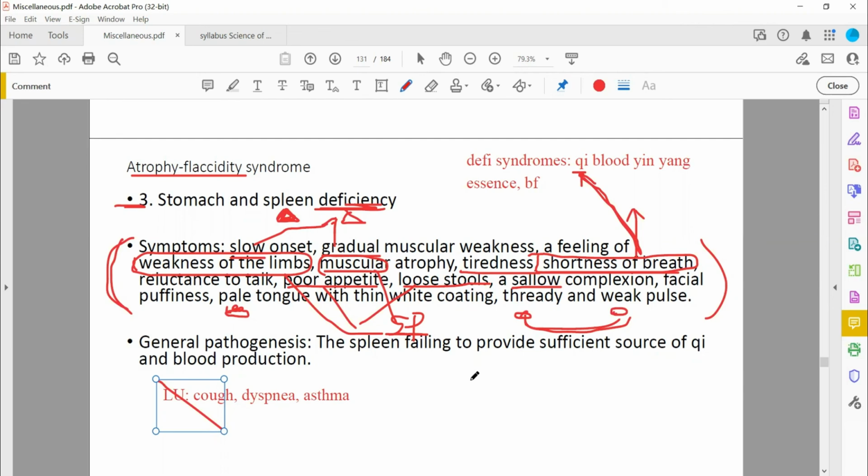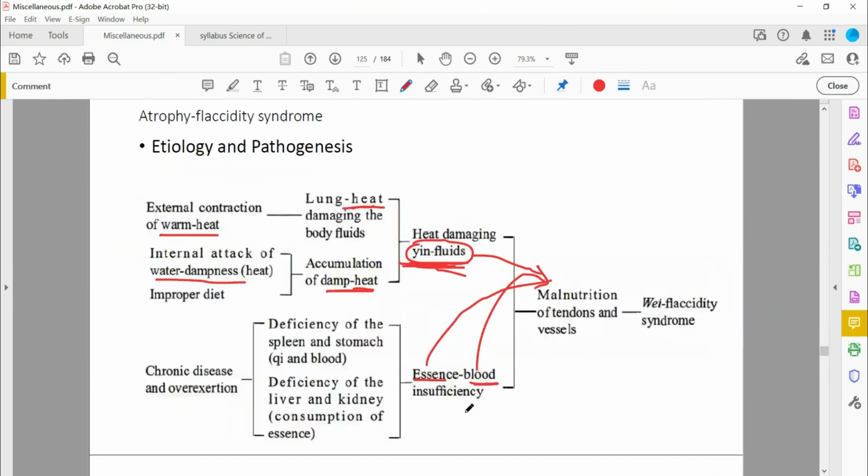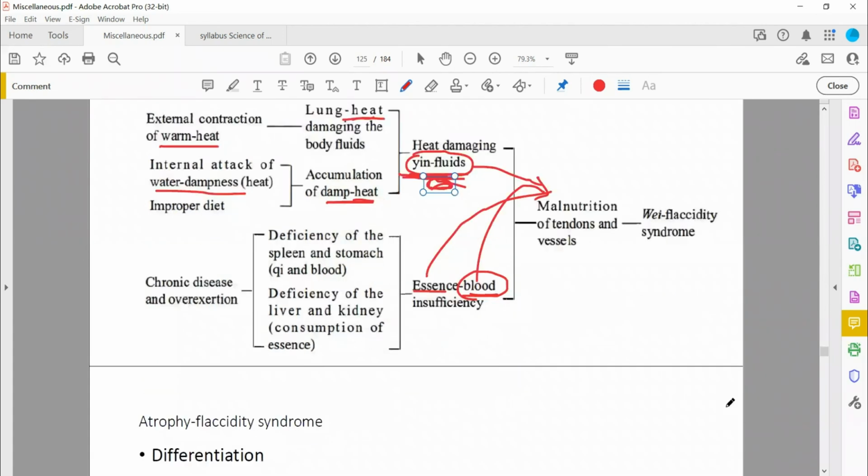If the spleen is deficient, the middle jiao is deficient, then there could be qi and blood deficiency, especially blood, which cannot nourish the tendons, right? Still, when you analyze, don't forget the general pathogenesis, right?